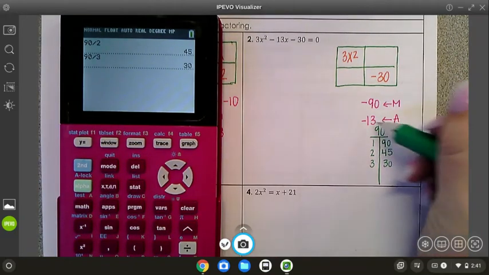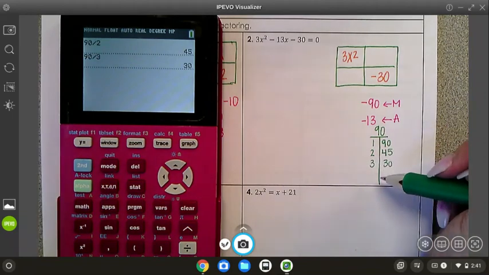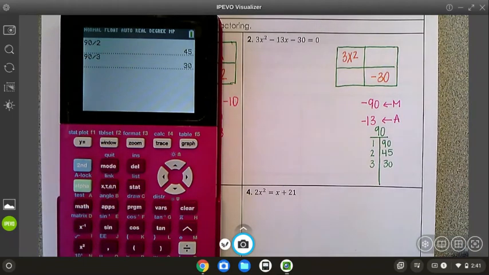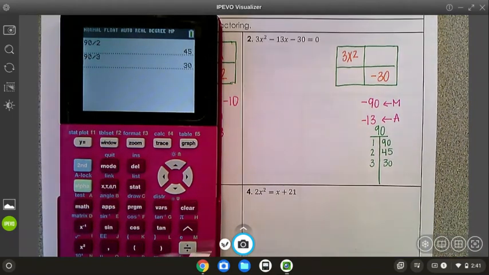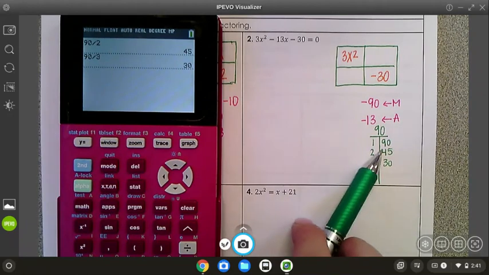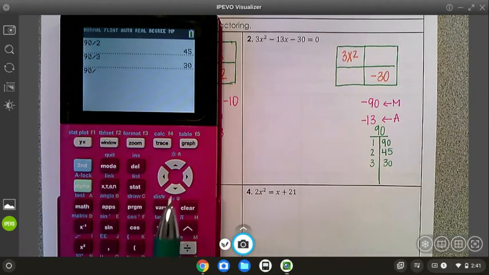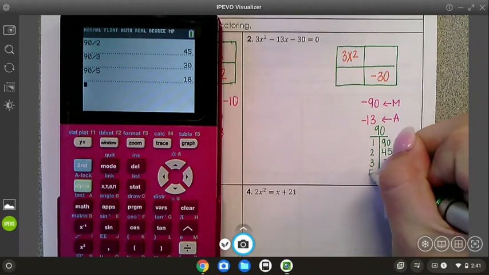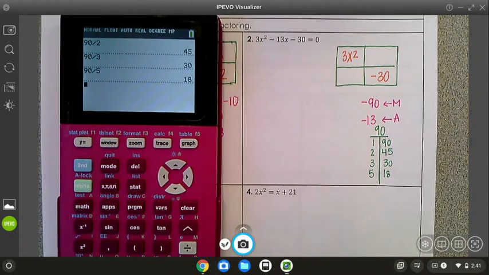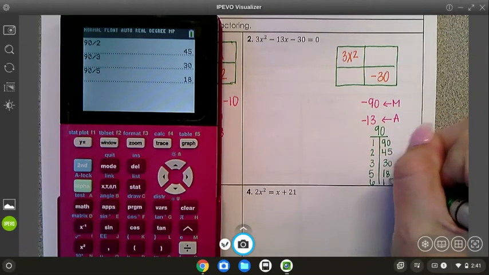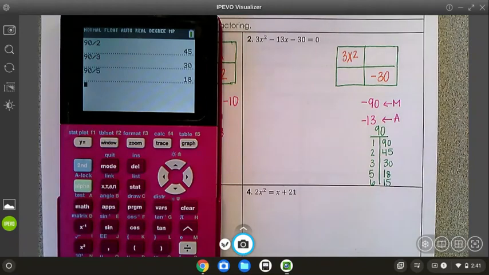And if you find your numbers halfway through, you don't have to write out everything. You can stop. 4 is not going to go in there. 90 divided by 5.